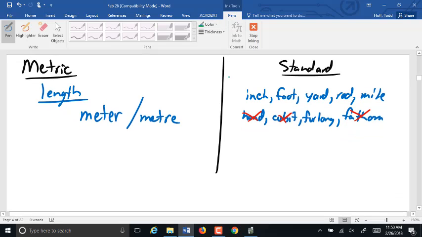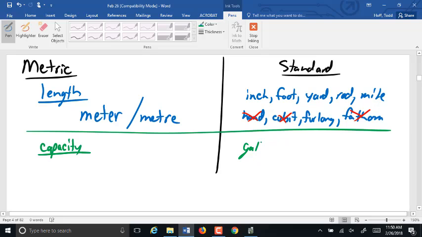The same for capacity. Remember, there's a difference between the volume and capacity. Volume is a length unit measured in 3 dimensions or cubed. Capacity, in our standard units, that would have been the gallon. Now, the quart actually was developed from the gallon, so that wasn't its own unit, really.